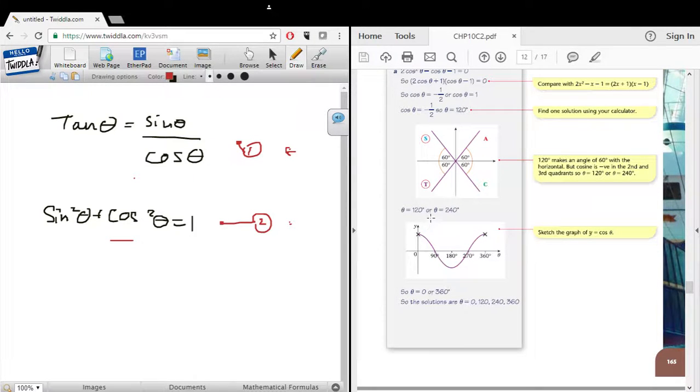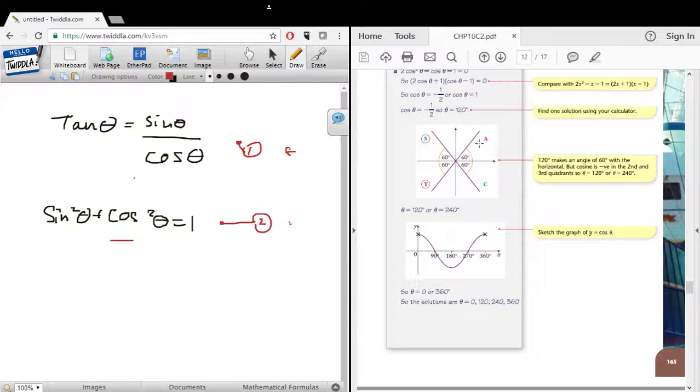And likewise you can see that it will also be equal to 240, and the reason is because 120 degrees makes an angle of 60 with the horizontal, but cosine is negative in the second and third quadrants, so we have 120 and 240.